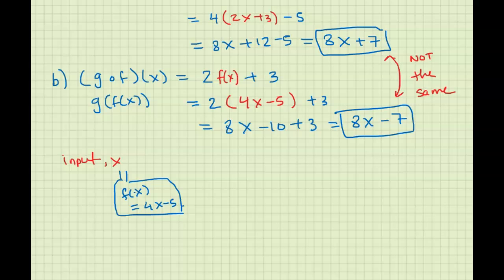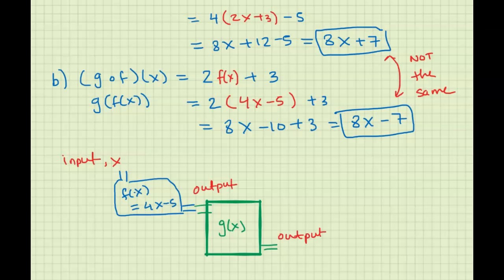When you get the result for this particular input, you get an output, and this gets plugged into the equation for the g function, and you get another output. So this output becomes the new input. It doesn't just have to be with two functions. You can keep composing, doing operations in sequence.